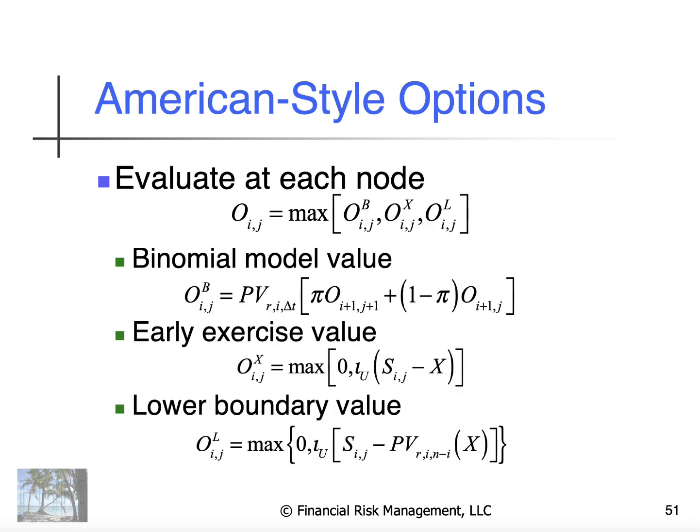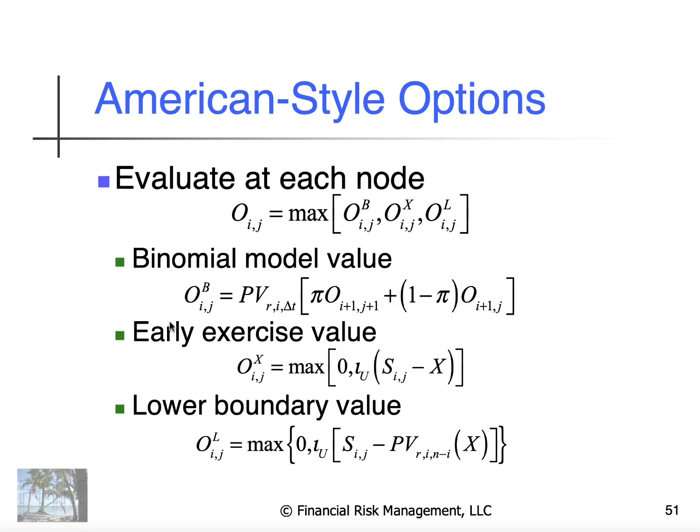For American-style options, we are again going to use backward recursion. We need to evaluate a host of different potential outcomes. The key, from the American-style perspective, is that we want to take the maximum possible value at every single node. The binomial model is again going to be the present value of the expected terminal payout.